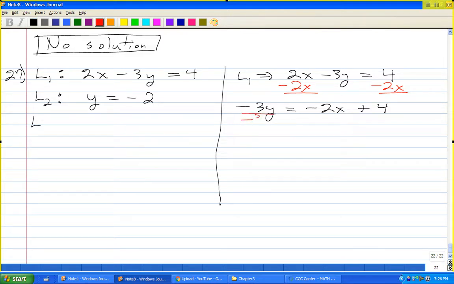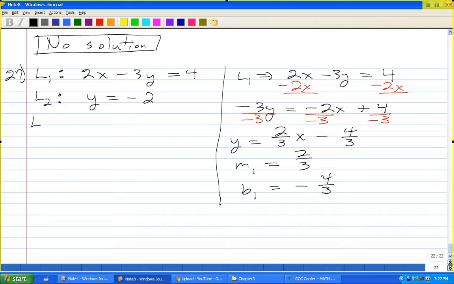Divide by -3. And so y, negative divided by negative is positive, 2/3 x minus 4/3. So the slope of the first line is 2/3, and the y-intercept is -4/3.